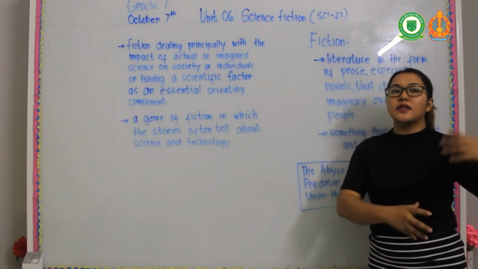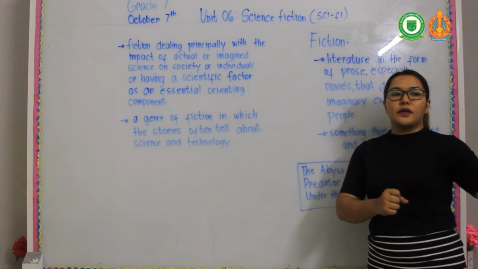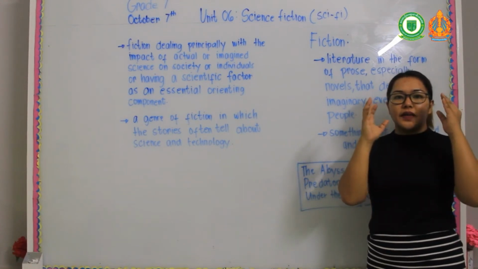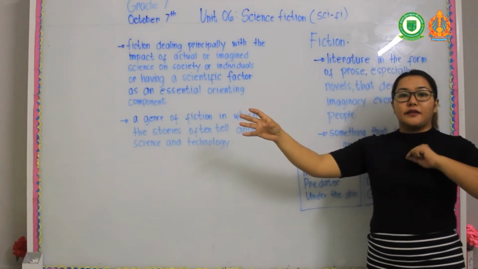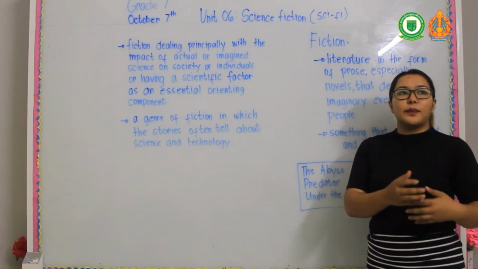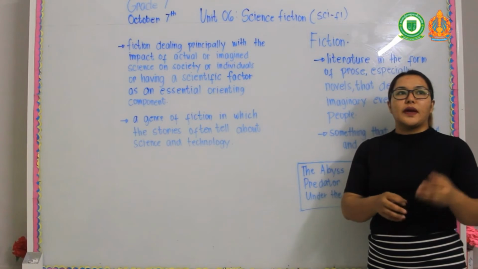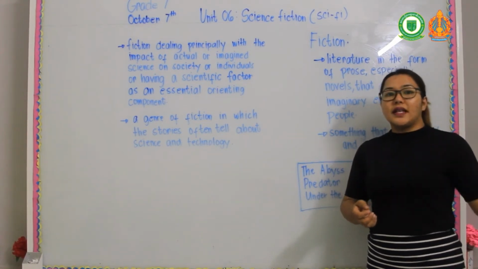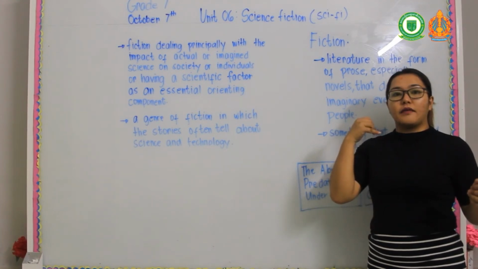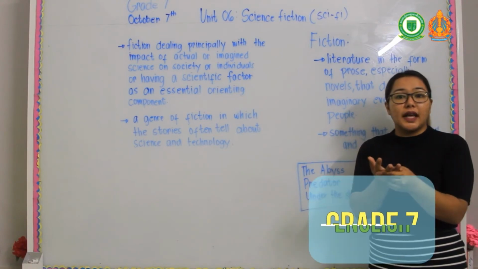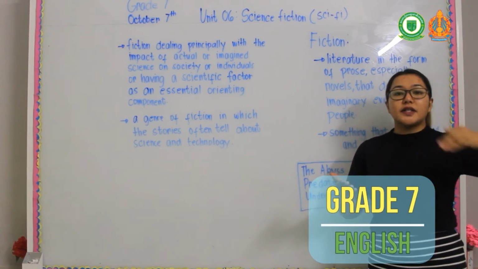They are using things that happened before in order to think of something that might happen in the future. So, for example, right now we are developing a lot. Right now we already have smartphones, which before we didn't have, right? In olden times we didn't have cell phones with cameras, we only had cell phones for messaging and calling, until years went by.